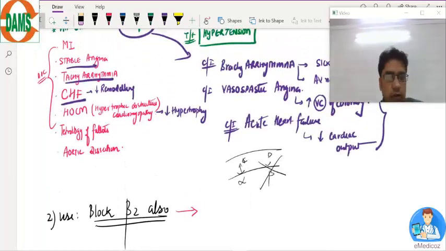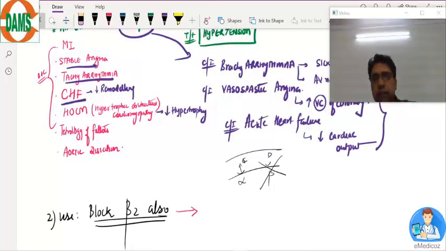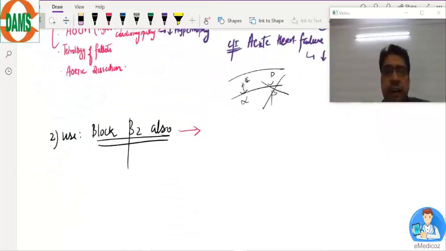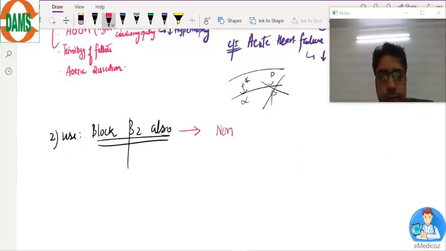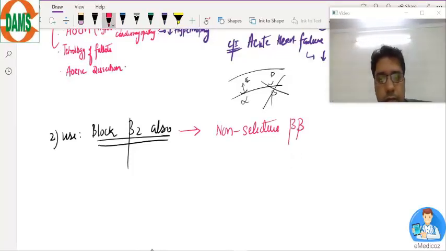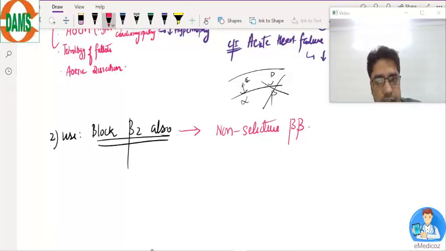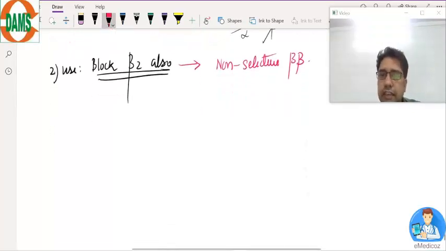If you want to block beta 1 as well as beta 2, here you will love to use non-selective beta blockers. So first let's see the uses and then I will tell you the drug of choice.